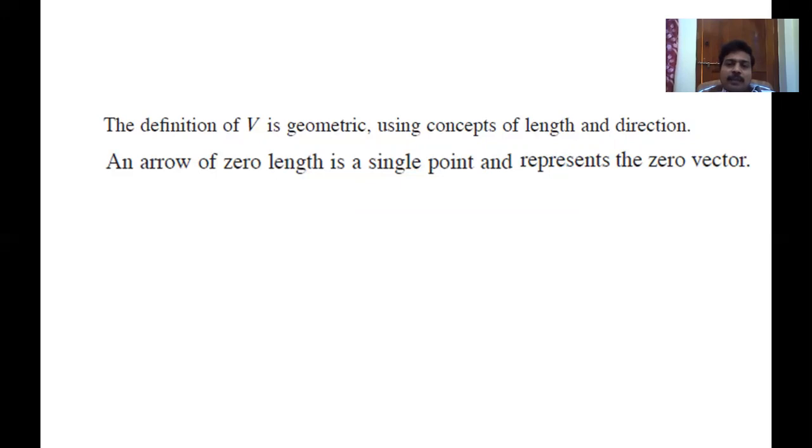That is nothing but a point that represents the zero vector, and that is our zero vector in the vector space. The negative of V is minus 1 times V, that is in the negative direction. Same size, same length, but the direction is opposite.